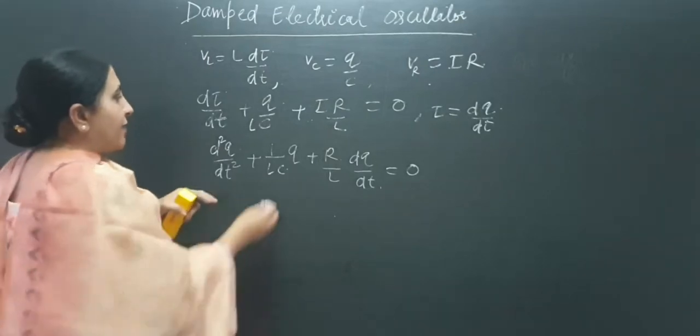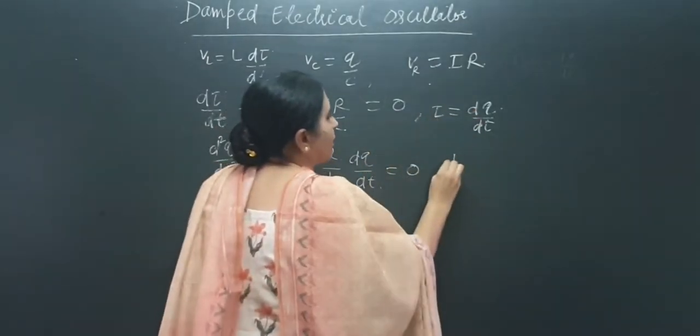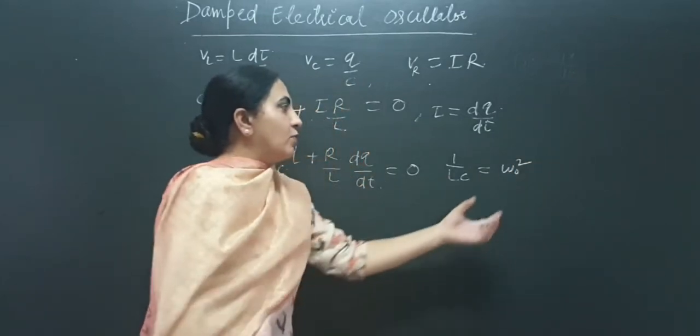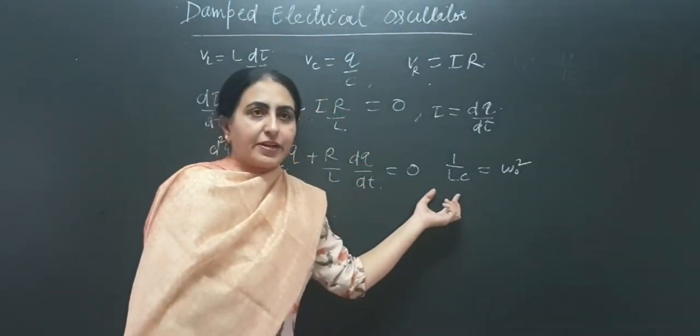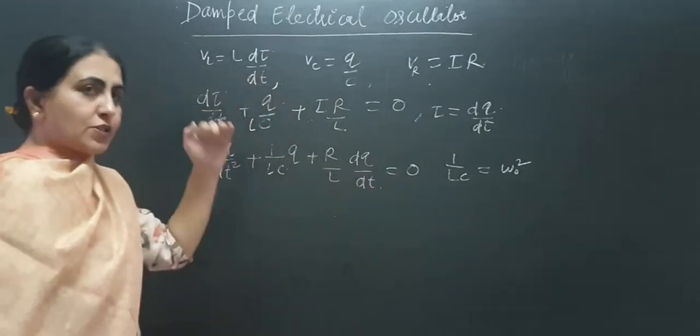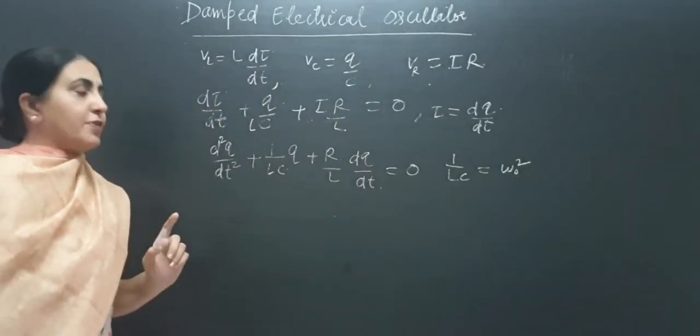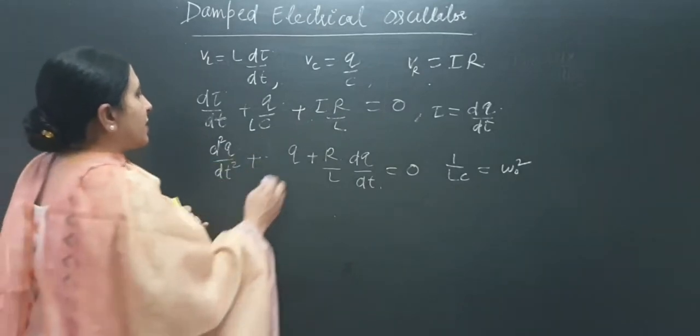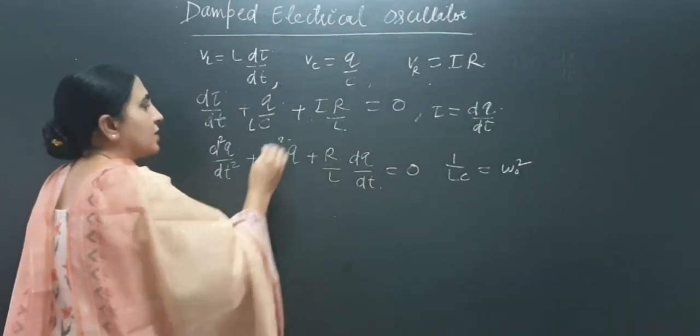And 1 over LC is equal to omega naught square, the angular frequency of an undamped electrical oscillator, which we have also done in the last videos. So we can write omega naught square Q.